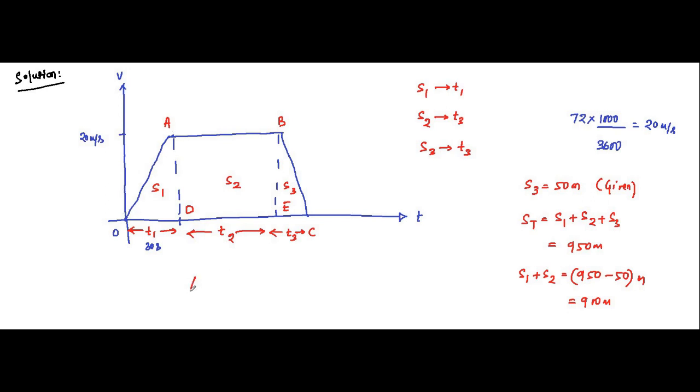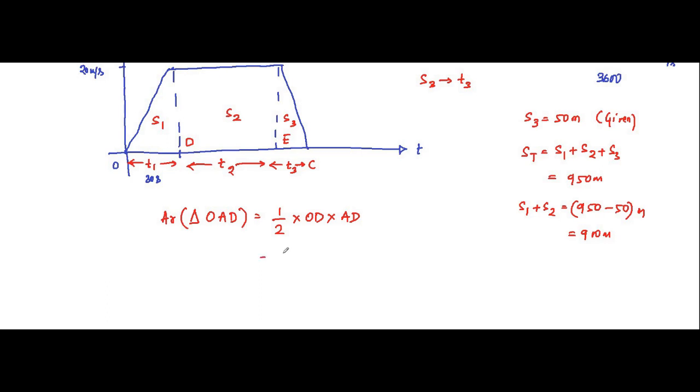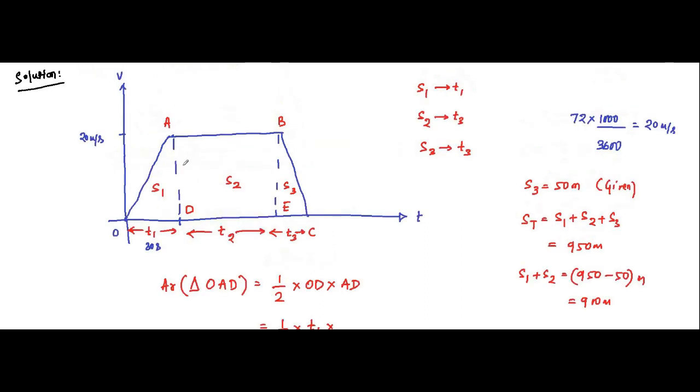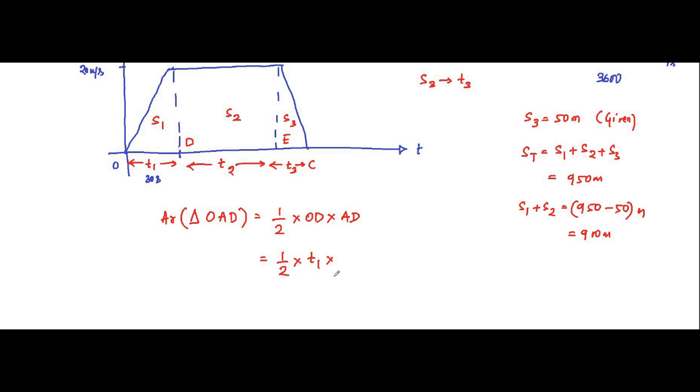Now focus on the triangle OAD. The area of the triangle OAD will be equal to 1/2 base into height, that is OD into AD, which is nothing but 1/2 into T1 into AD, which is the velocity, that is 20 meters per second, which is equal to 1/2 into T1, which is 30 seconds, into velocity, which is 20 meters per second.